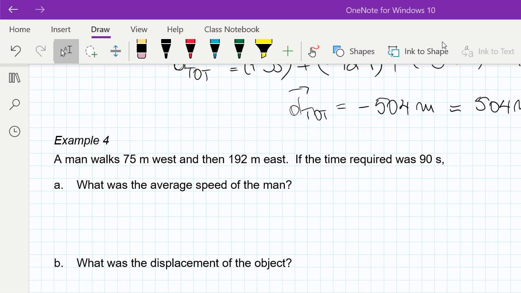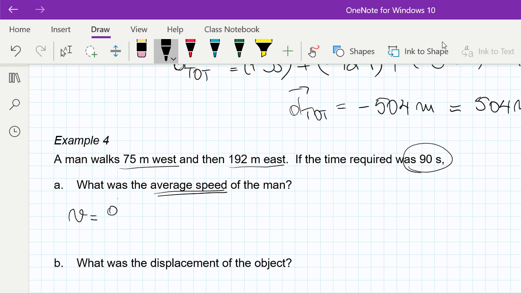And this is the last example of the lesson today. A man walks 75 meters west and then 192 meters east. And the time that he is traveling is 90 seconds. What is the average speed?